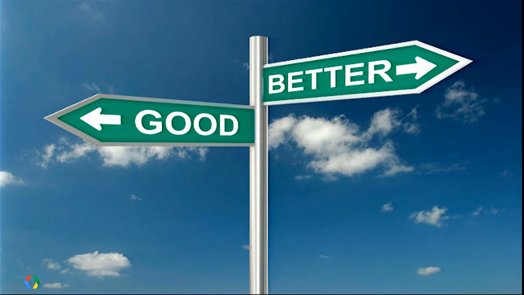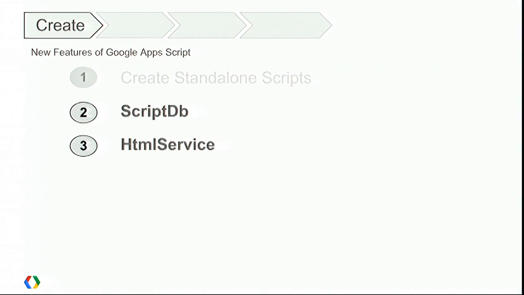We want to do something even better. So today we are announcing ScriptDb, which is your one-stop shop for all your data storing needs for scripts, and HTML service. So now you can use HTML, JavaScript, and CSS and create web applications. If you don't like the way of creating applications using Google Web Toolkit style, then you can use HTML service.